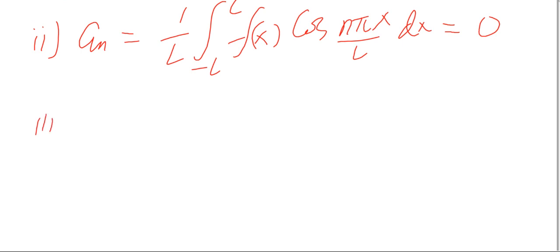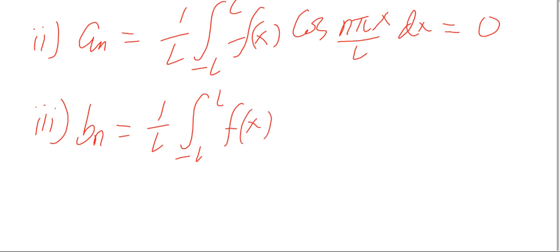When working out bn, which is defined as 1 over L integral from minus L to L, f of x sine of n pi x over L dx, we'll see that here the function f is odd, the sine function is also odd, so we are multiplying two odd functions, giving us an even function.